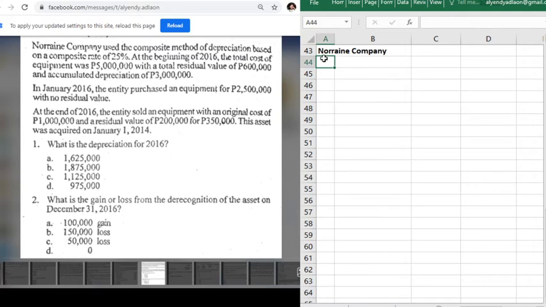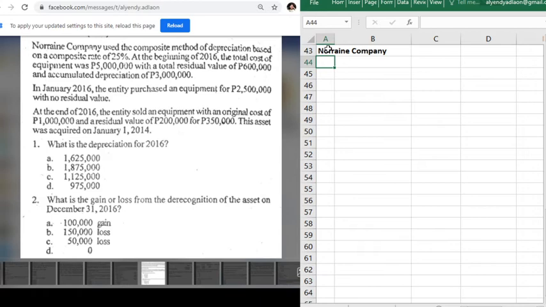Now, as we've discussed earlier, to compute for the annual depreciation, we just have to multiply the total cost by the composite rate. Since the composite rate is already given, what we are going to do is just compute how much is the total cost of our assets.